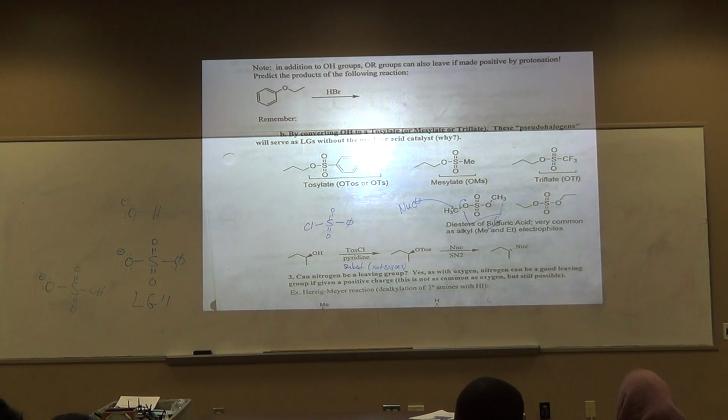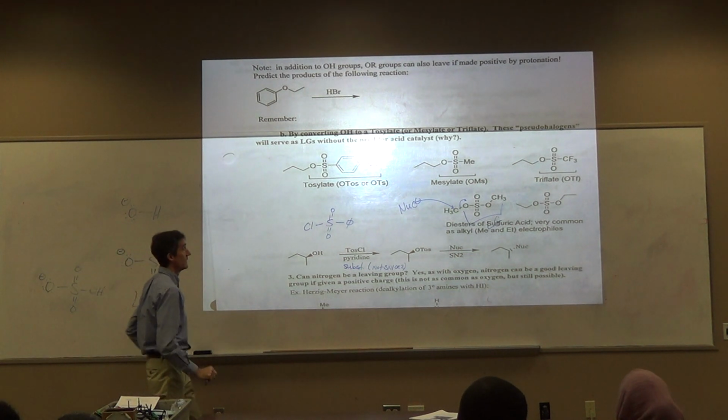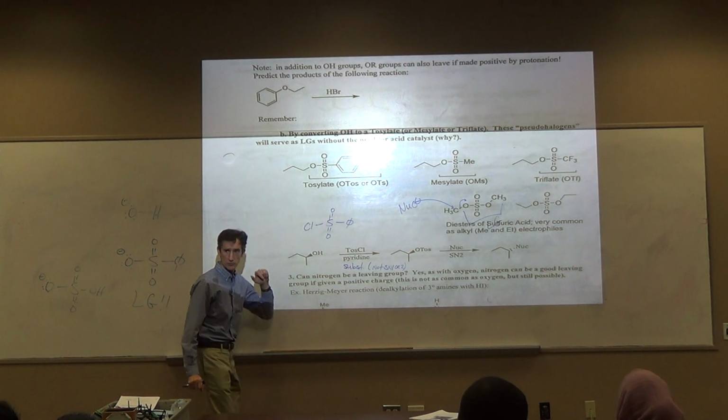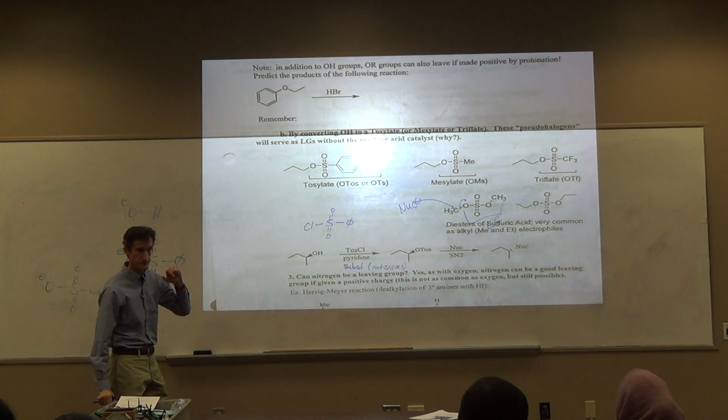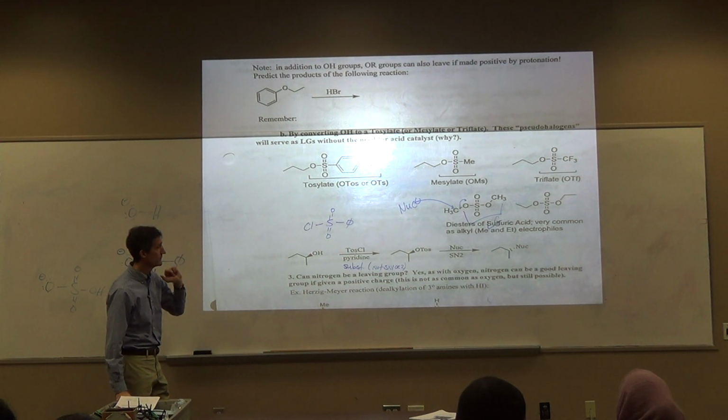We will look at it in organic 2. There are other types of substitution mechanisms. The only ones we're covering here are SN1 and SN2, which occur on a tetrahedral carbon or tetrahedral atom. That's not a tetrahedral atom.